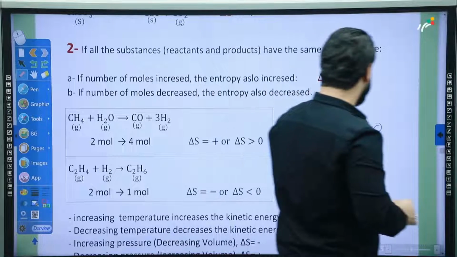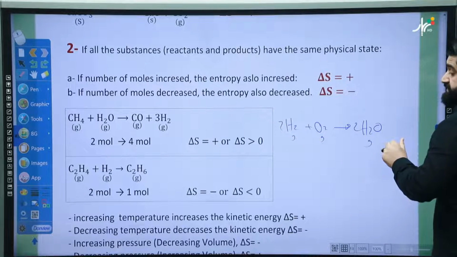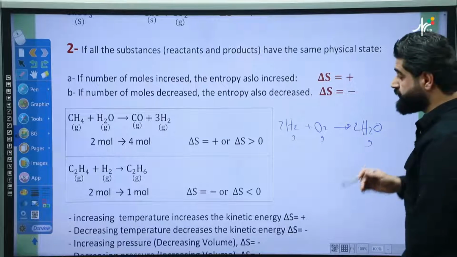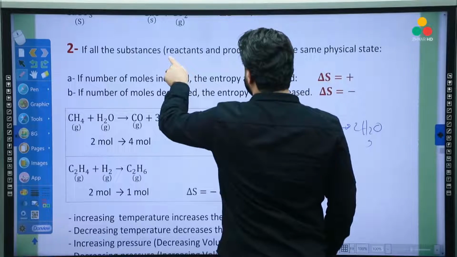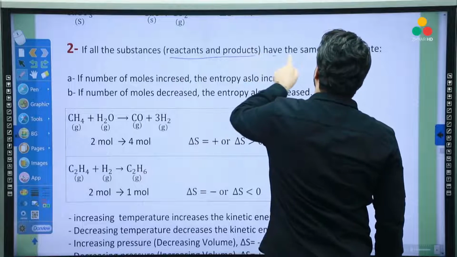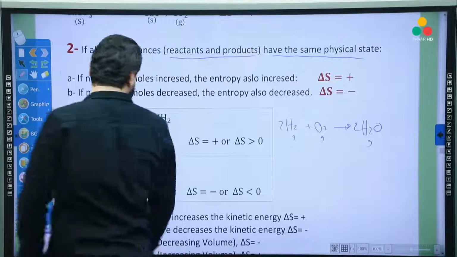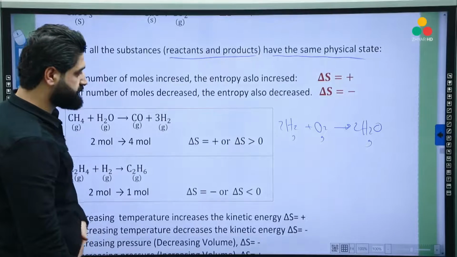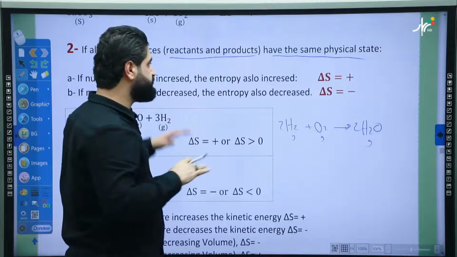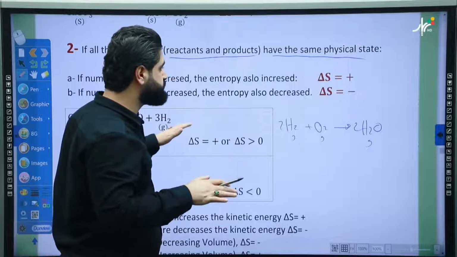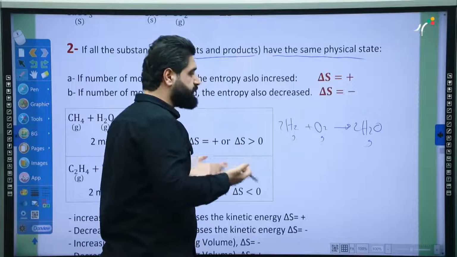So how can you decide according to the physical state? Of course, in this case, we will need the second step. If all substances, reactants and products, have the same physical state, then we have to focus on the number of moles. If we have the same physical state for all reaction participants, then we go with the number of moles.